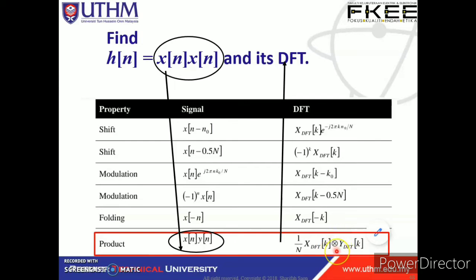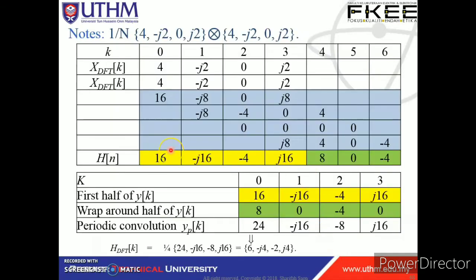So how we can find the value of periodic convolution is like this. There are a few methods. In my case, I use the sum by column for the periodic signal, and you can try the cyclic method also, and we will get the same answer. So this is the sum by column, you can try. Then we need to divide into two parts to add the first half with the second part here.